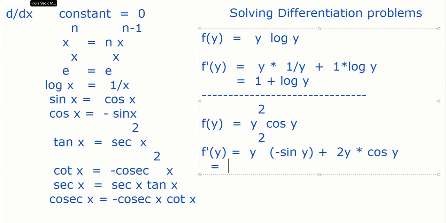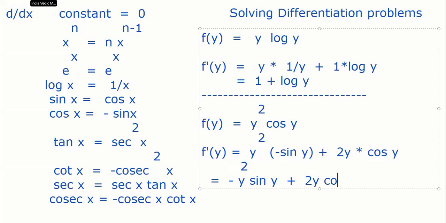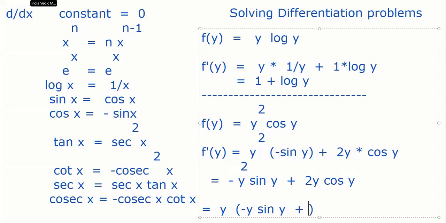So the final answer becomes minus y squared sin y plus 2y cos y, or if you want to take y common, then it becomes y times minus y sin y plus 2 cos y. This is a better way of writing.